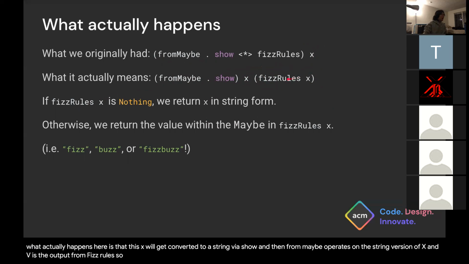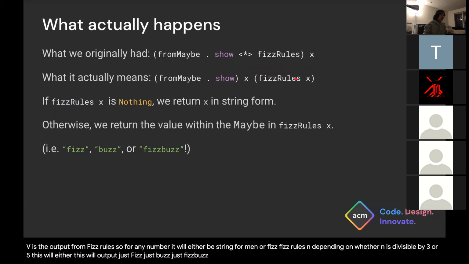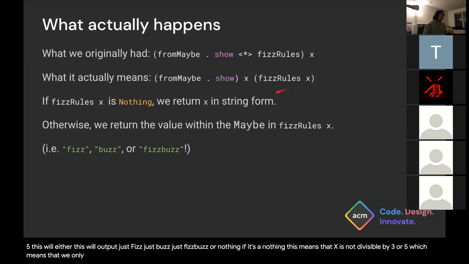So for any number, it'll either be string form n or Fizzrules n, depending on whether n is divisible by 3 or 5. This will output just fizz, just buzz, just Fizzbuzz, or nothing. If it's a nothing, this means that x is not divisible by 3 or 5, which means that we only want to keep the default value. So if from maybe gets a nothing as its second argument, it will return that default value.